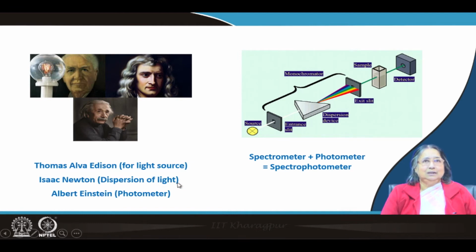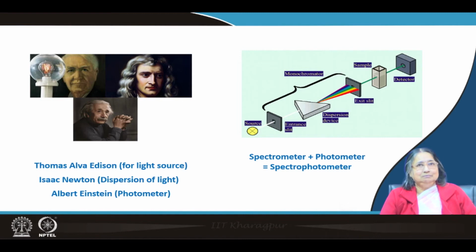You know that when white light passes through a prism, you can see the dispersion, and then you can see 7 different colors. And then Einstein, the photoelectric effect. Albert Einstein got the Nobel Prize for the photoelectric effect.